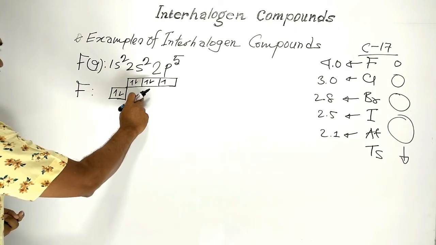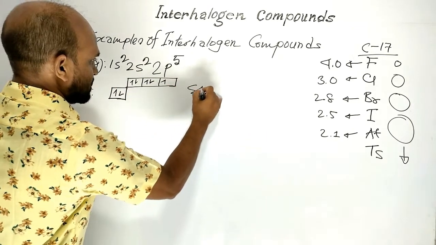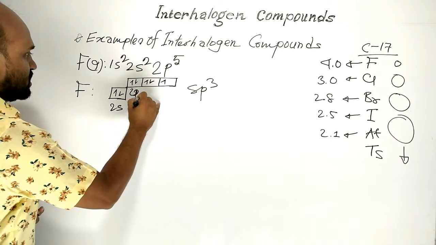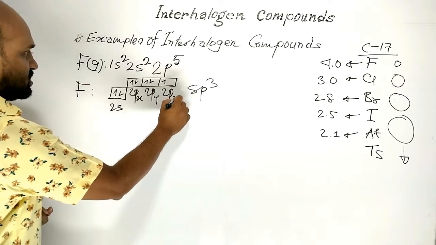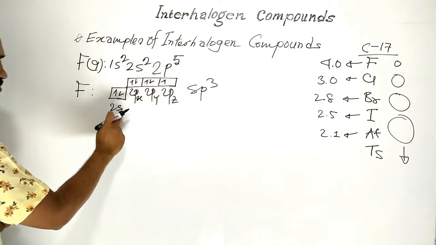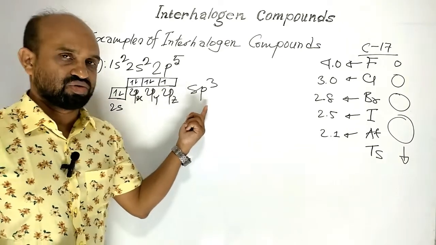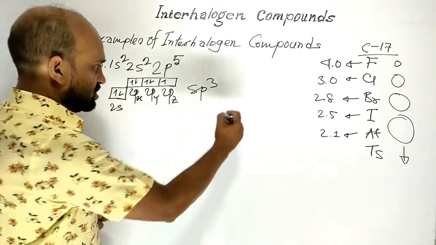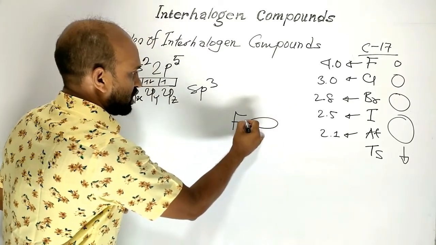Here we can consider that fluorine in the interhalogen compounds is sp3 hybridized. 2s, 2px, 2py and 2pz. So total 4 orbitals take part in hybridization to form 4 sp3 hybrid orbitals. Let's see orbital structure of fluorine. Total 4 hybrid orbitals.